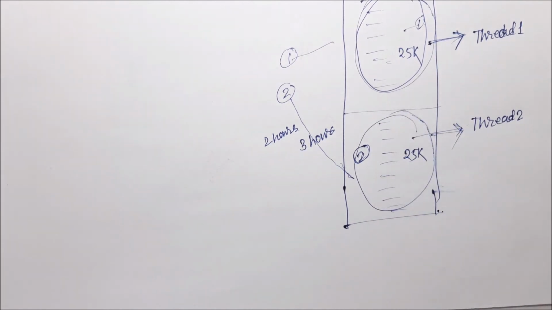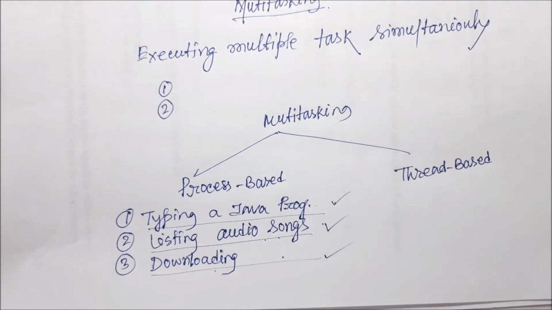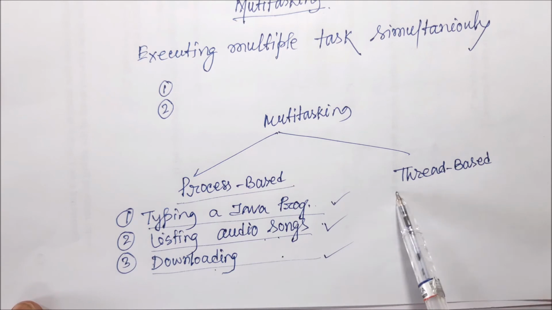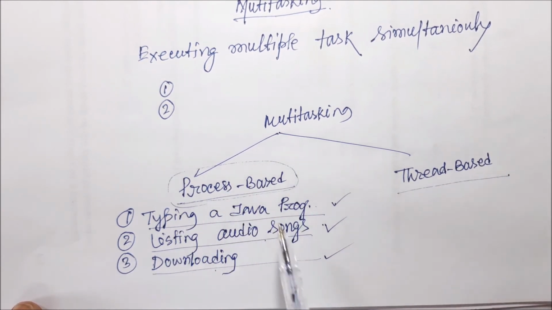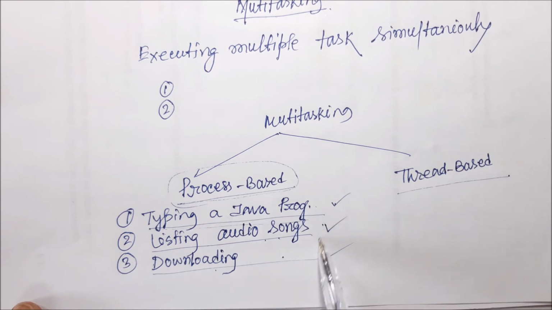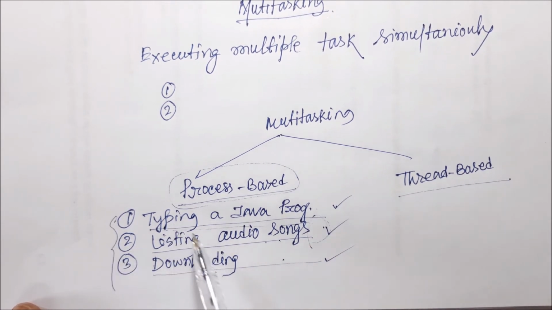Now look at this, the multitasking concept is divided into two categories. One is called process based multitasking, another is called thread based multitasking. We know that in process based multitasking, each program is independent of the others. The first process does not depend on the second, and the second does not depend on the third.